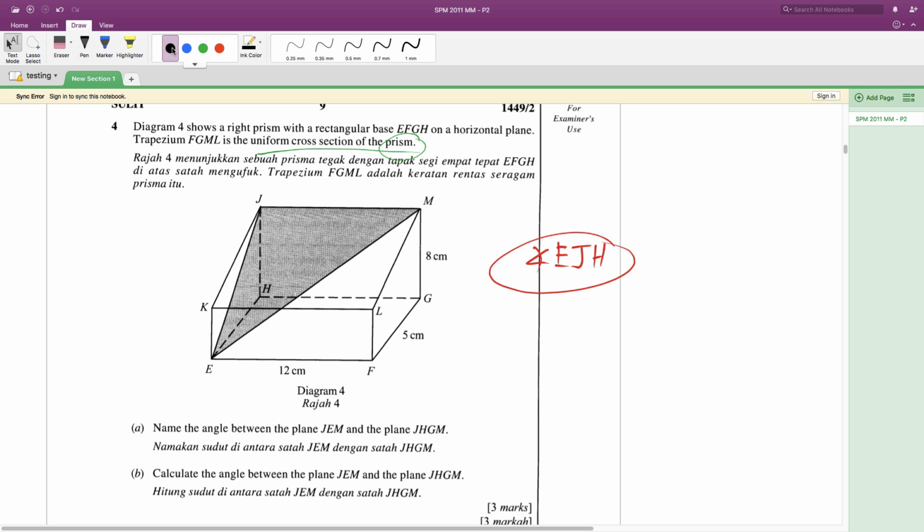Normally what I do is, since this is a triangle, I will make it become a rectangle. That means I will shade the part that hasn't been shaded. Supposedly, it should shade the whole thing. So you can see you have a prism and you have one whole plane here. Now the question asks about this plane and JHGM. Where is JHGM?